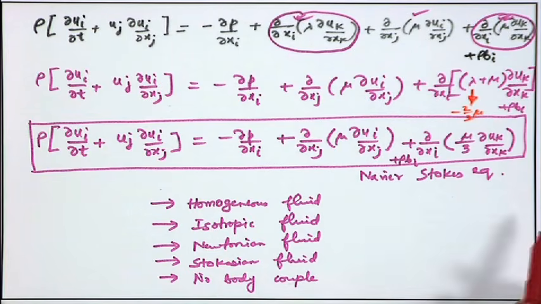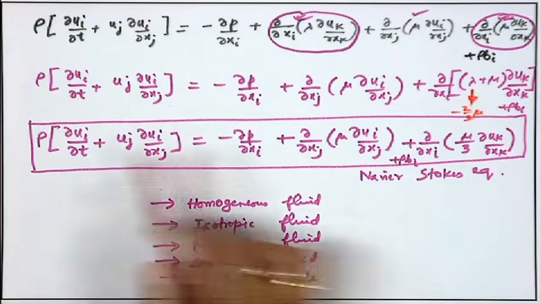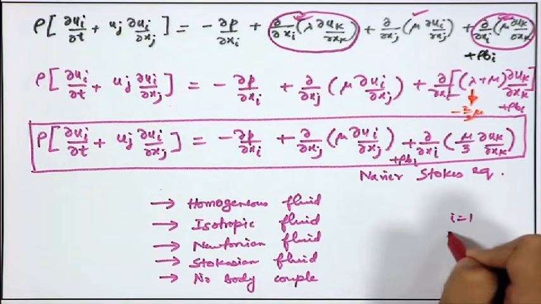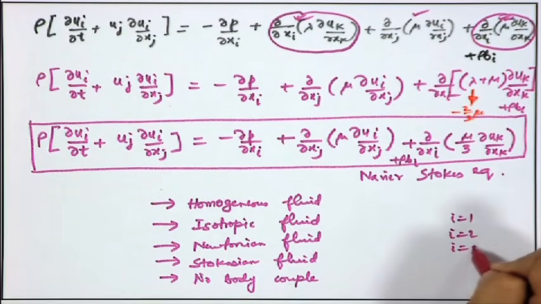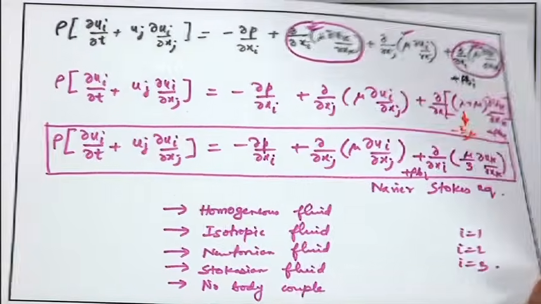Now, we have derived the Navier-Stokes equation, and this has essentially 3 components: i equal to 1, i equal to 2, i equal to 3, plus you have the continuity equation. So, I am writing the continuity equation in the index notation.